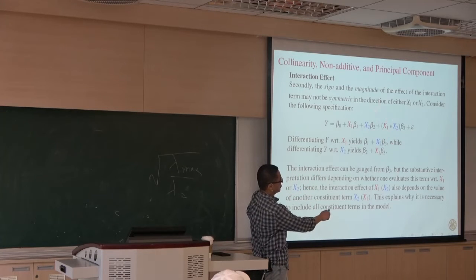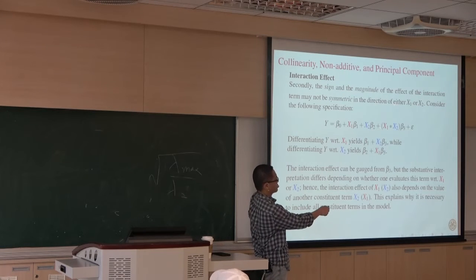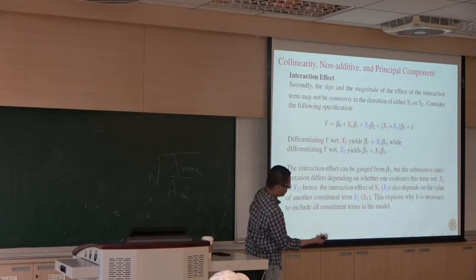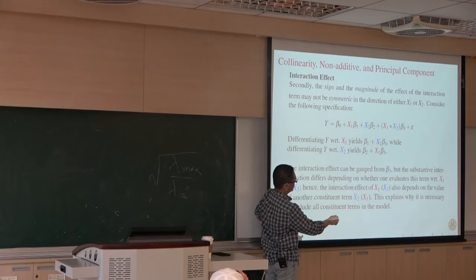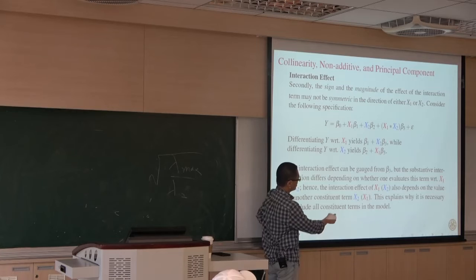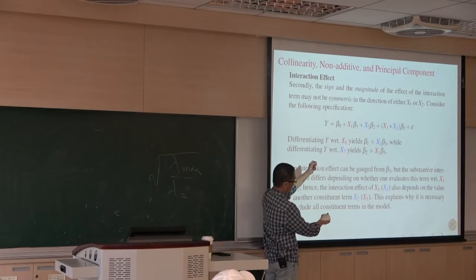Since it's not raised to a higher power, we just take this out, so with x2 we have beta 3. So that was the effect of y with respect to x1. But if you differentiate with respect to x2, this would be this. So it could be different, right? Depending on the values taken by x1 and x2.